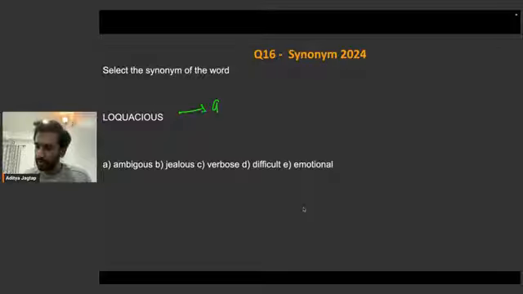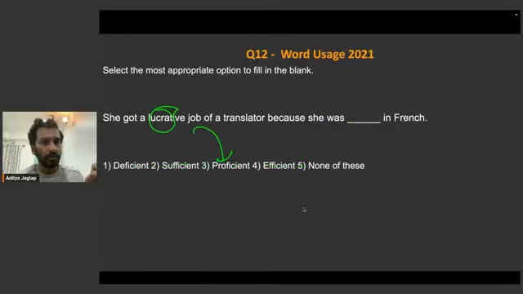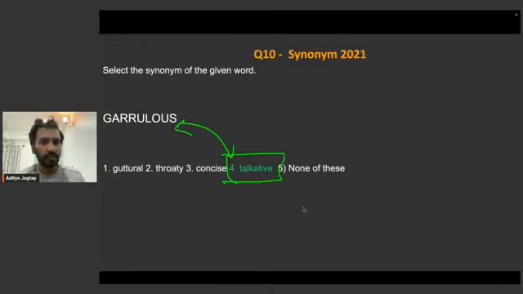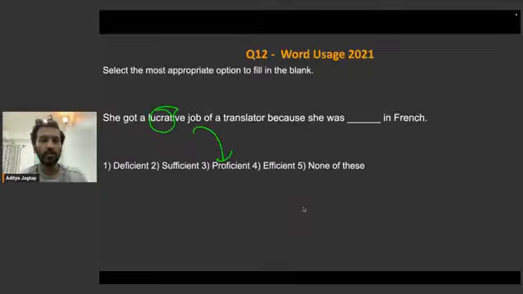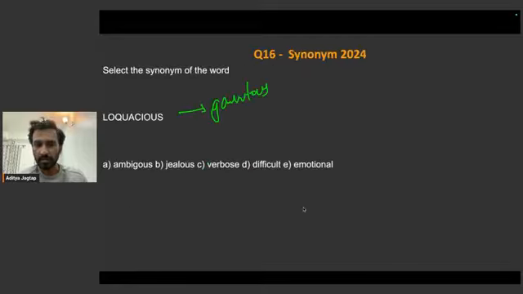Actually, for the sake of justifying why what I'm saying is right, and hopefully those few who watch this will actually do this, make notes. If you had made notes of garrulous in the 2021 paper, if you had just taken a snapshot of what Google says garrulous means, you would have also found loquacious, which is talkative. Correct.